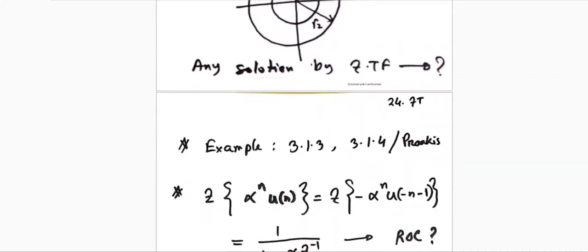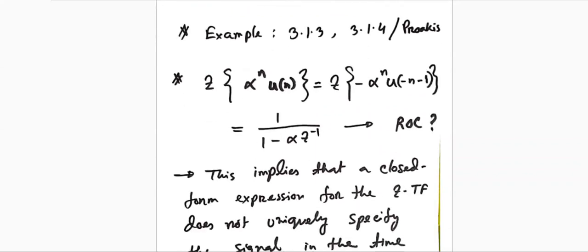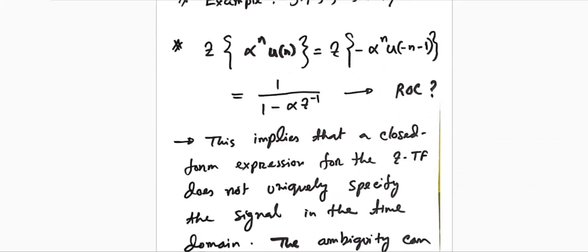We have the examples 3.1.3 and 3.1.4 from the book by Proakis. This is a very important topic for the Z transform, where we want to show that not only the mathematical expression is enough for the Z transform, we need the ROC. Why is the ROC important?